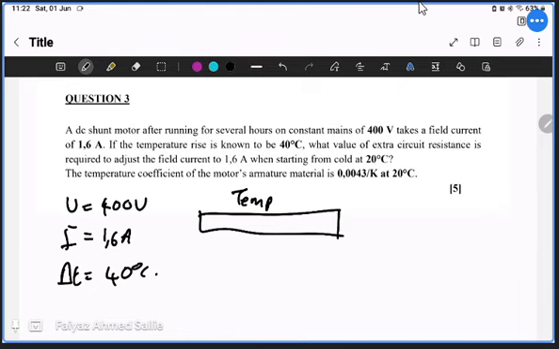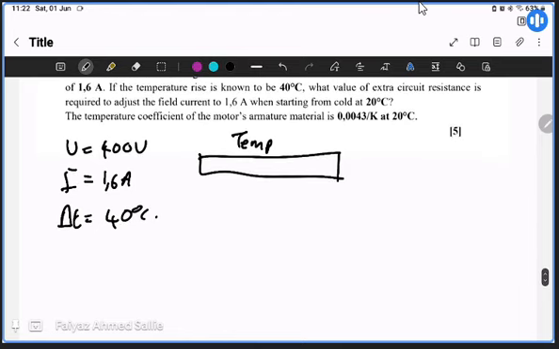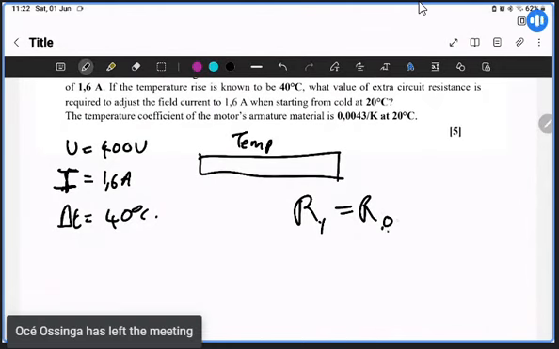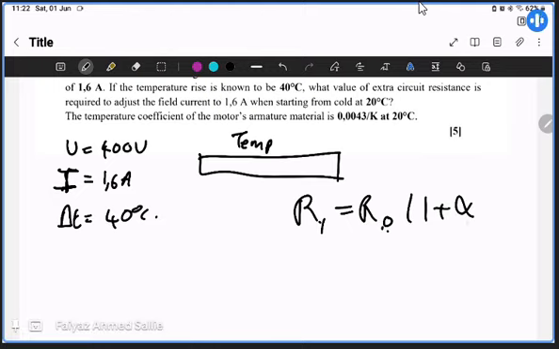So let's use, I hope you guys remember the formula, which is R1 is equal to R0 (1 plus alpha times the temperature change).